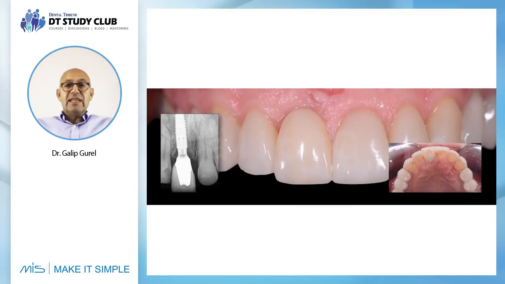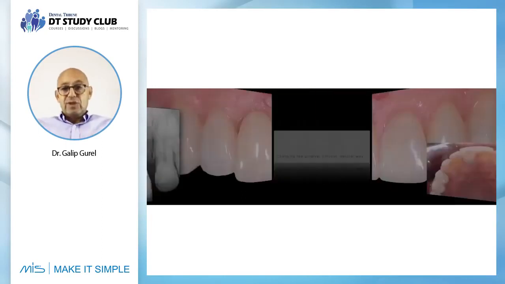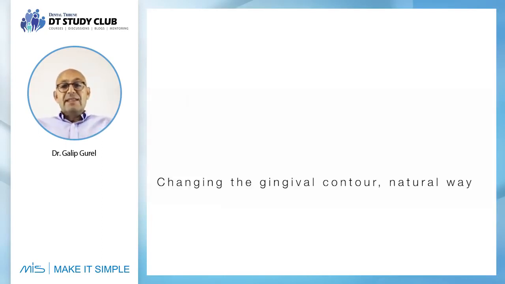And as you can see, we make use of the intercrestal bone on the other central and the lateral and utilize it until its total limits. Now, changing the gingival contour on a natural way.